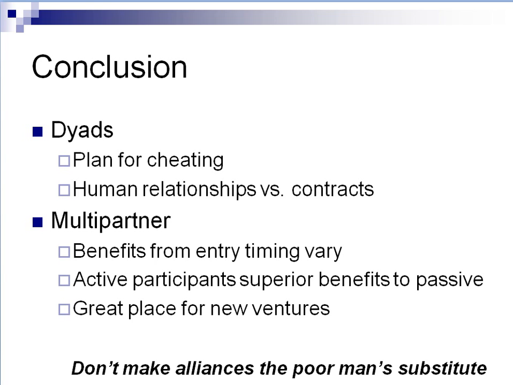Corey's conclusion: don't make alliance the poor man's substitute. What he says is if you partnered with him, he would enter your company and within 30 days have sucked the technology out of it, and withdraw, leaving you down the road with nothing to build on in a very short period of time.